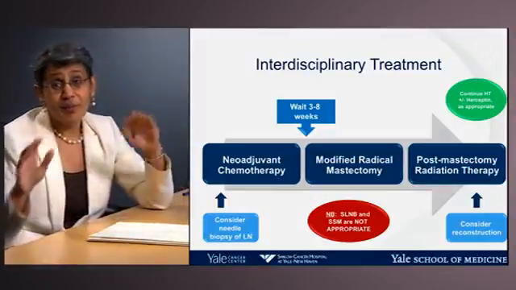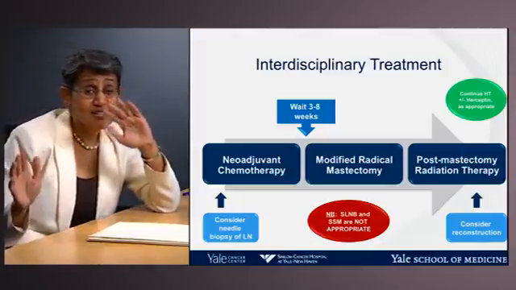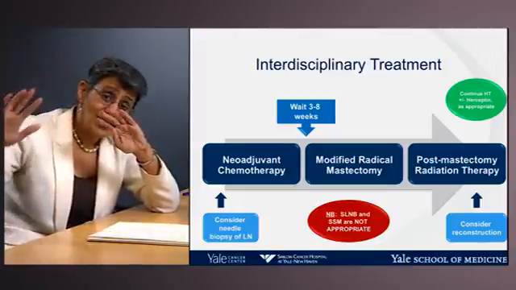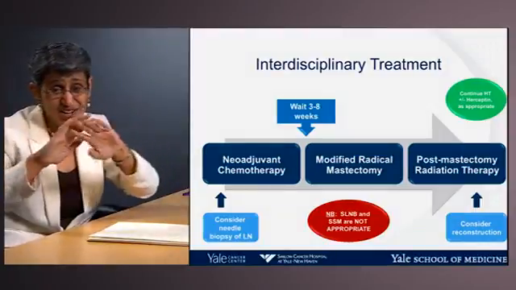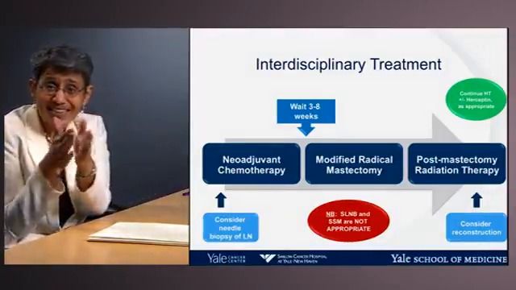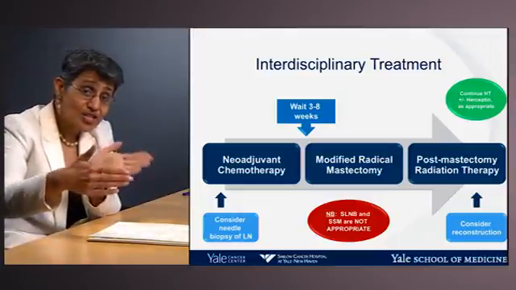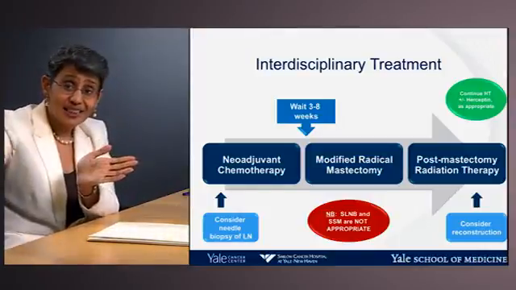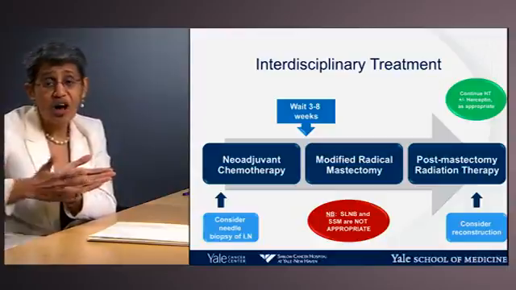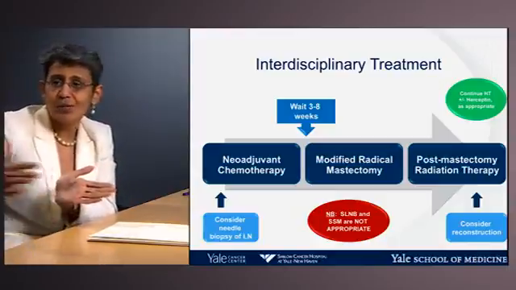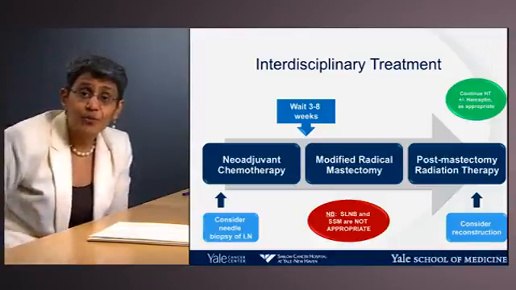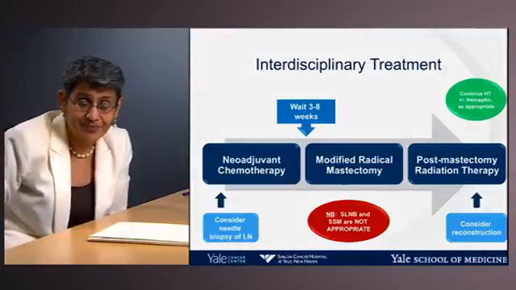Now, remember when we talked about reconstruction? Well, reconstruction and radiation, that's not a great marriage, especially in the immediate interface. So, after radiation is done, these patients can then let their skin recover. Oftentimes this will take 6 months to a year, and consider reconstruction down the line.